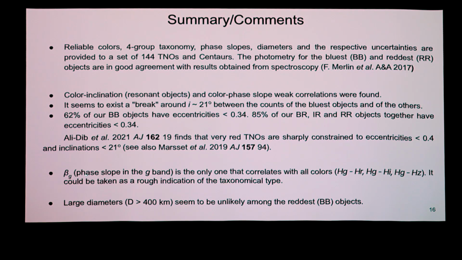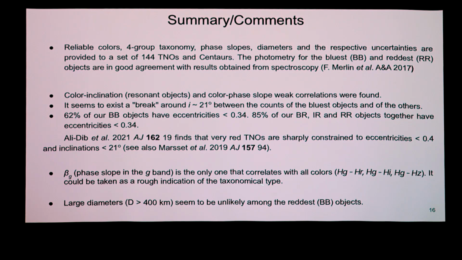The slope in the G band correlates with all these three colors, and it could be taken as a rough indication of taxonomical type. And large diameters, at least from our sample, seem likely to be found among the reddest objects. The reddest. Oops. Okay, reddest is double R. Sorry, my mistake. And that's it.